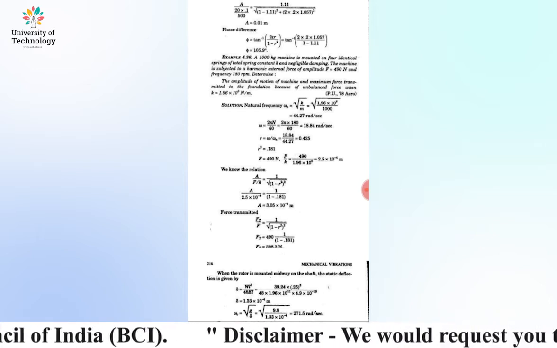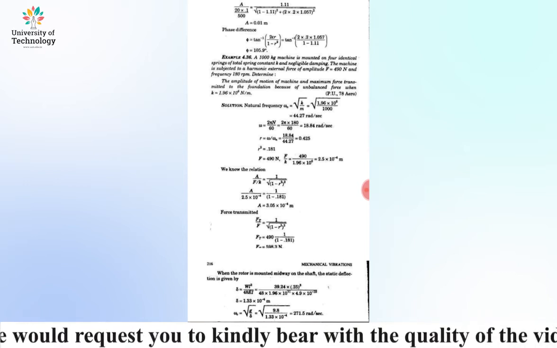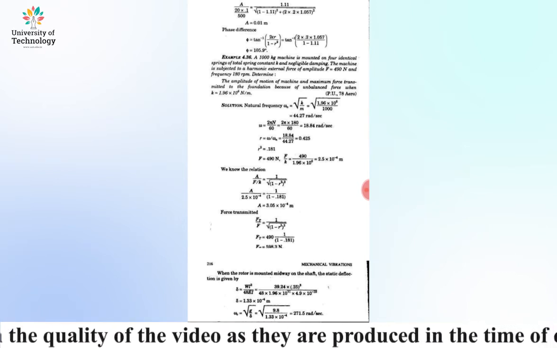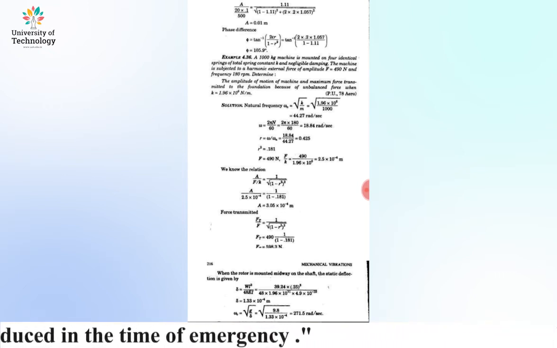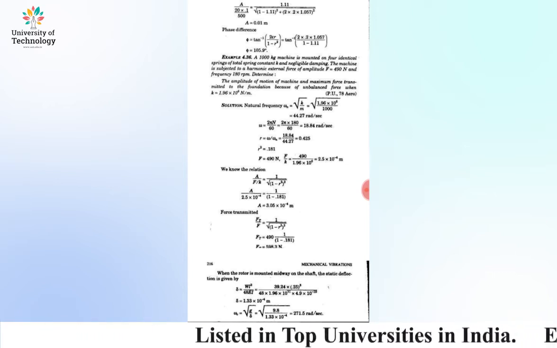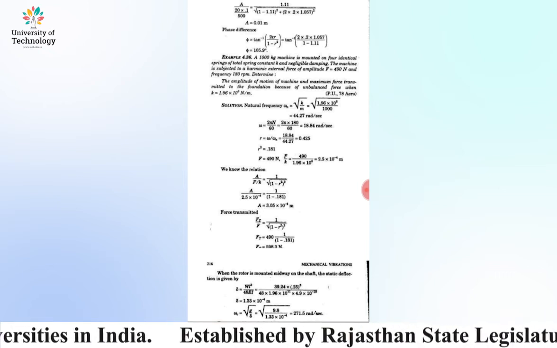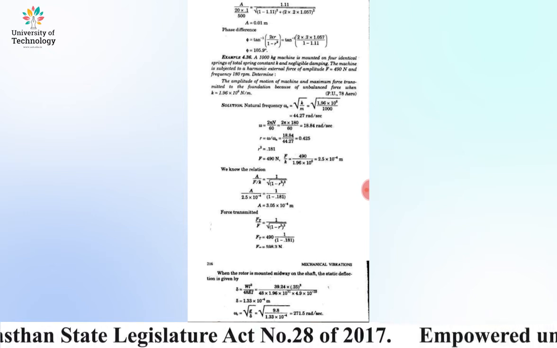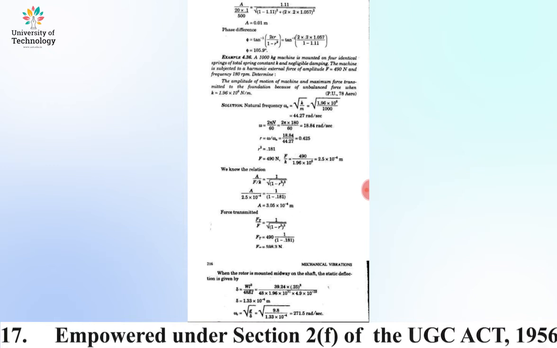The machine is subjected to a harmonic external force of amplitude F equal to 490 Newton and frequency 180 RPM. We have to determine the amplitude of motion of the machine and the maximum force transmitted to the foundation because of the unbalanced force when K is equal to 1.96 × 10^6 Newton per meter.